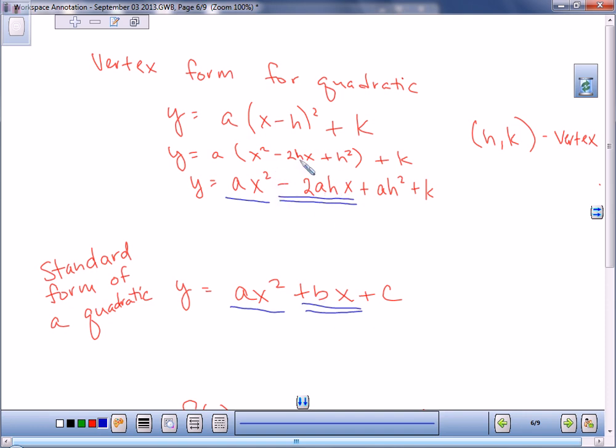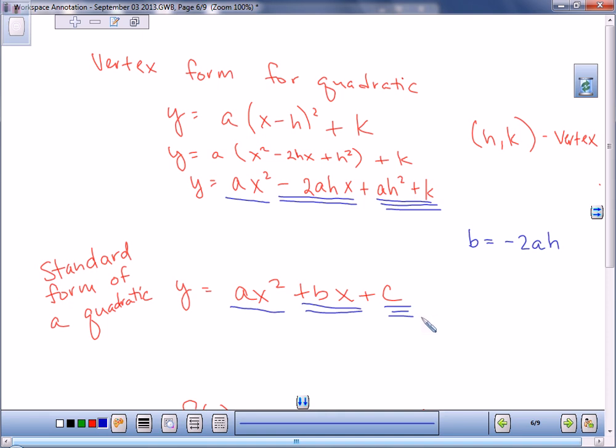So b is going to have to equal negative 2 times a times h. And this part right here doesn't have an x with it, is it? This is just the constant. So those two things are equivalent.